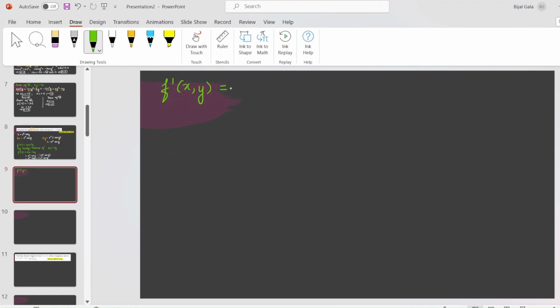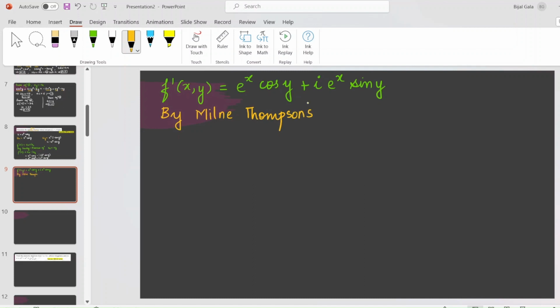Let me copy it here. So we've got e raised to x cos y plus i times e raised to x sin y. Now when I apply the Milne-Thomson method, the method says f of z will be written as the integration of f dash of z comma 0.